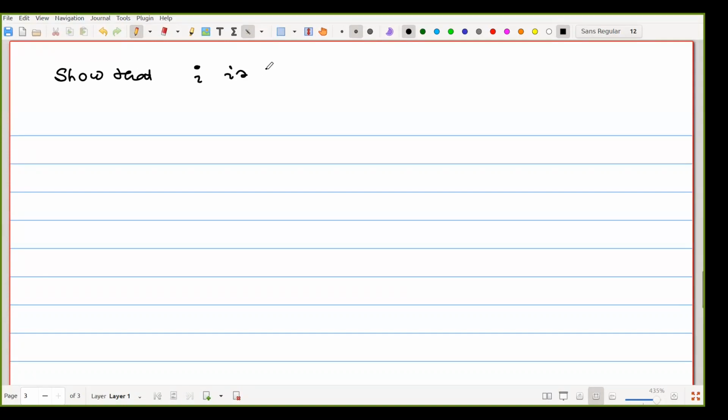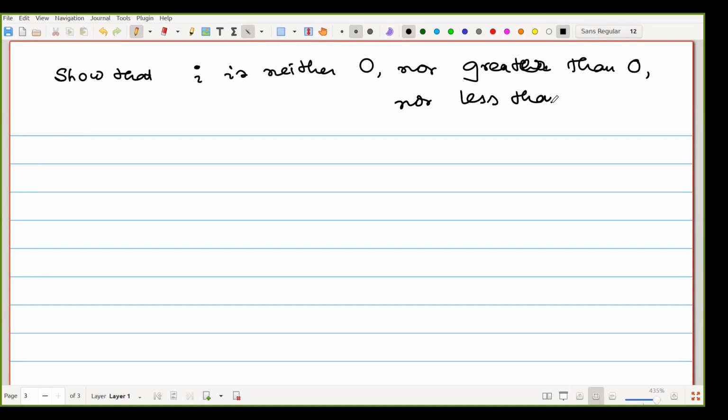Last here, for the imaginary numbers, suppose we have to show that i is neither 0, nor greater than 0, nor less than 0. Now, how can we prove that? We are considering two elements, and the two elements are i and 0.